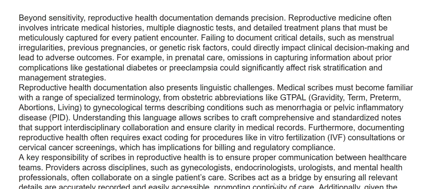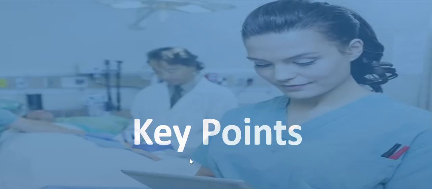Scribes act as a bridge by ensuring all relevant details are accurately recorded and easily accessible, promoting continuity of care. Additionally, given the legal and social implications of many reproductive health decisions, scribes must document care discussions meticulously, noting informed consent, treatment plans, and follow-up recommendations.